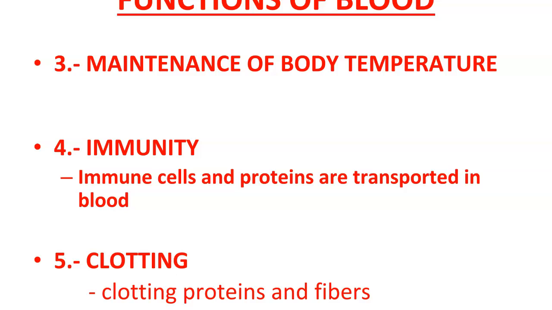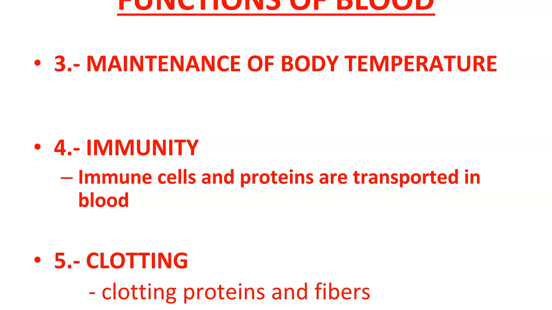When the body needs to adjust its temperature, it will use blood to do so by either enlarging blood vessels and bringing more blood and thus more warmth to an area, or constricting blood vessels, cooling the area where the blood vessels are being constricted.